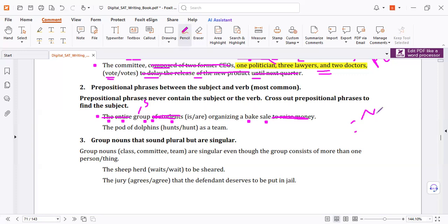Collective noun can be singular or plural. But we tell you, collective noun in your test, like group, team, family, committee, jury, always singular, except if the writer uses it as plural. So we're talking about the whole group. So it's singular. So it must be is.